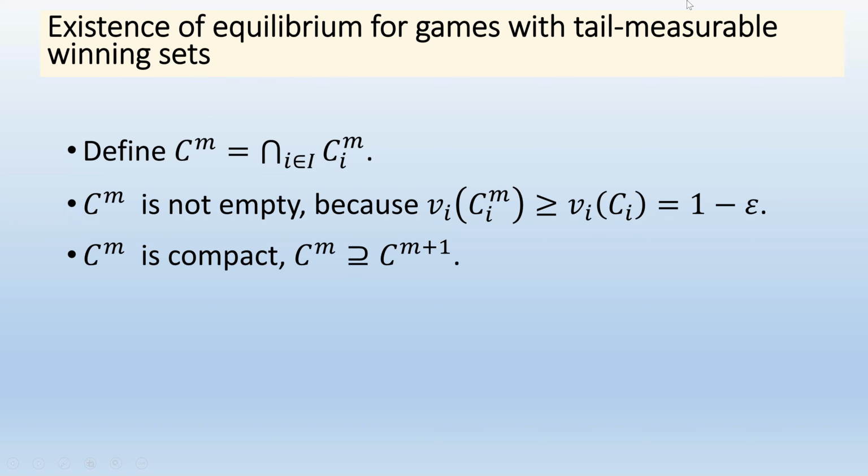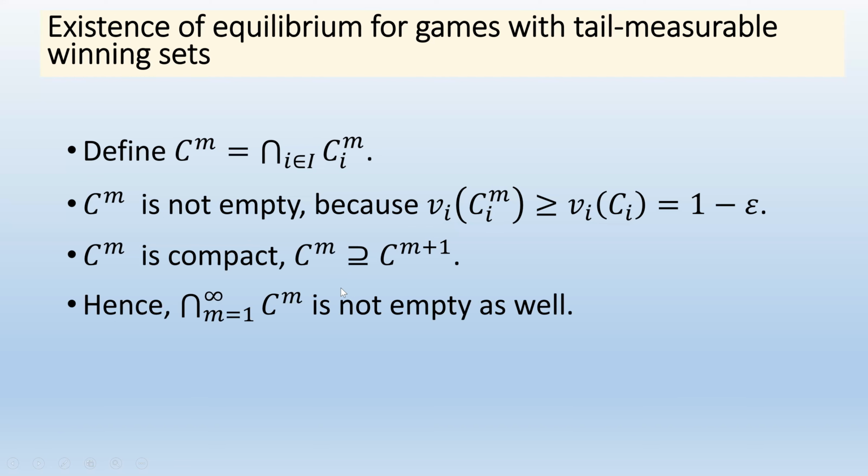So we have nested non-empty compact sets, and from Cantor's intersection theorem, we know that the intersection of all CMs, M from 1 to infinity, is not empty.